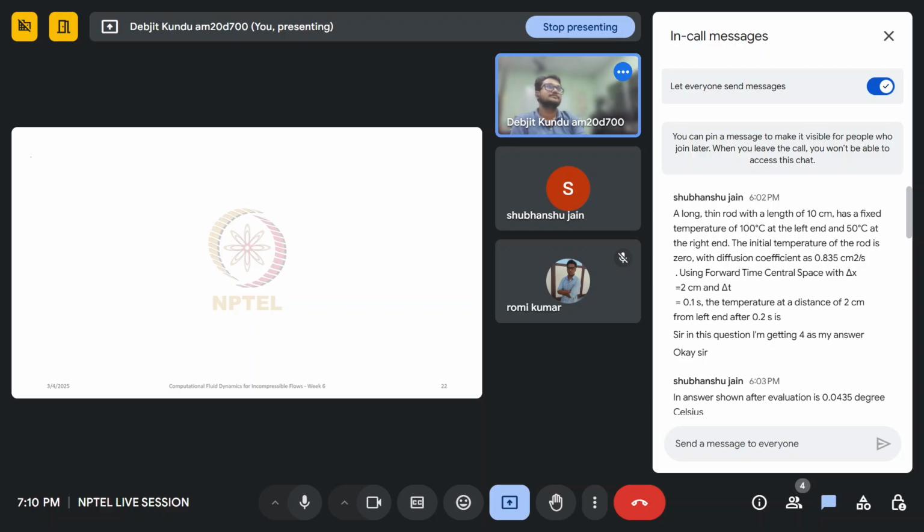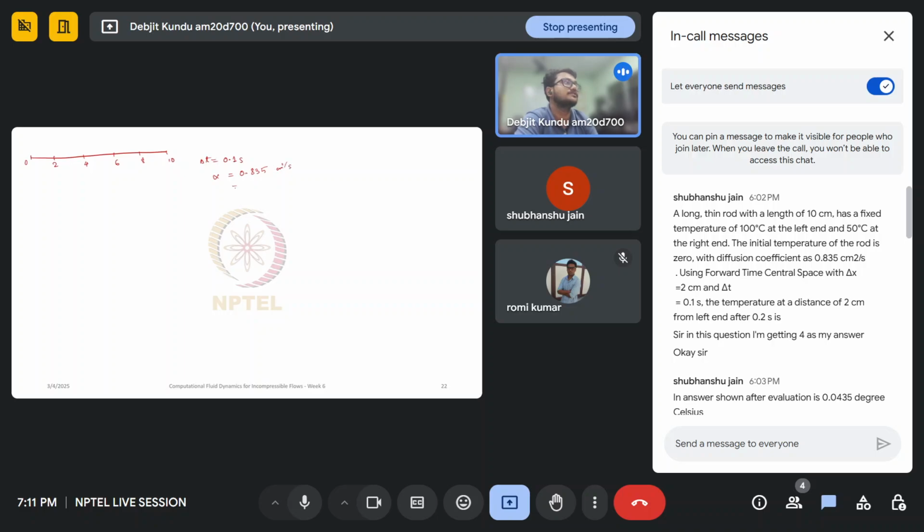So this is a rod of length 10 centimeters and my delta x is 2 centimeters. So basically 0, 2, 4, 6, 8, 10. And delta t is given as 0.1 seconds. Diffusion coefficient alpha is 0.835 cm squared per second.